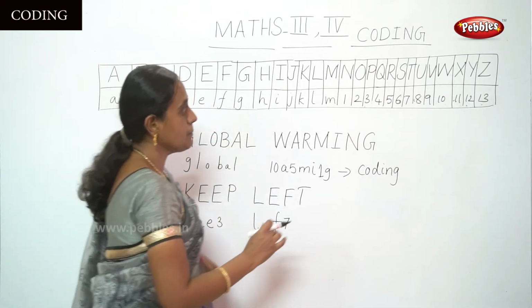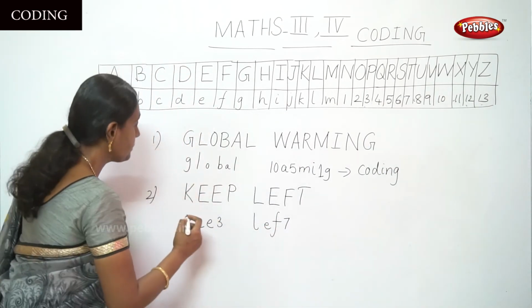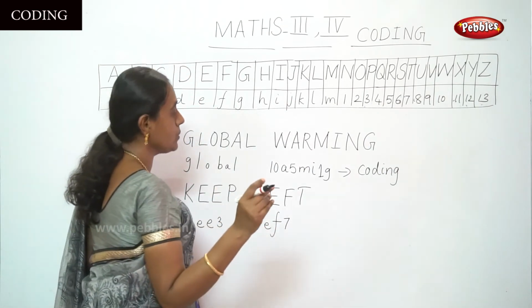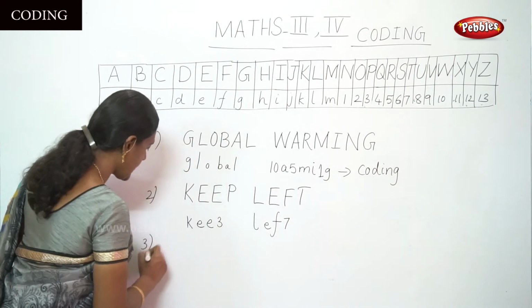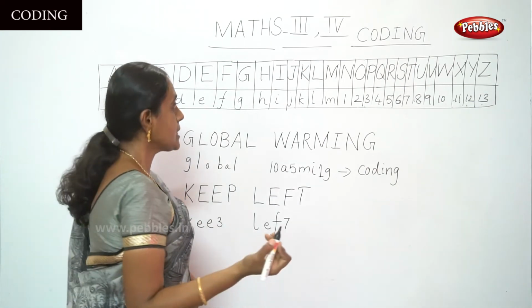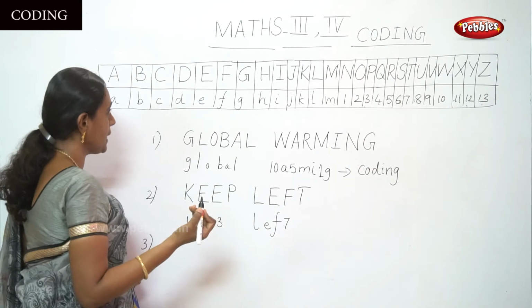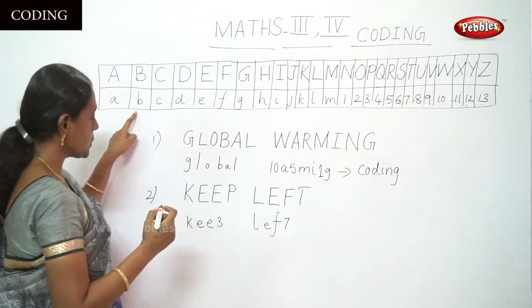For example, beware of dogs. That is our third example, decoding. Beware of dogs means, here, small b.